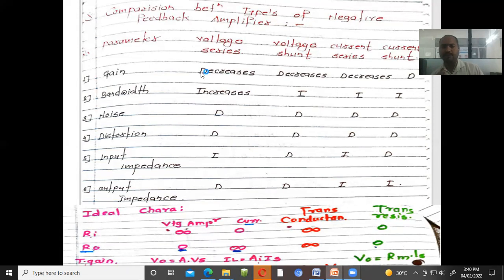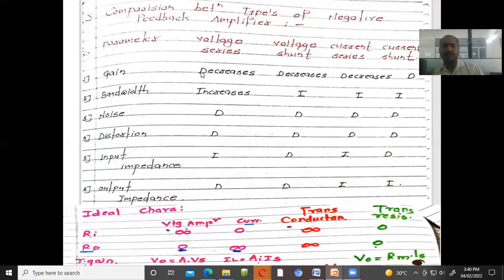If we use voltage series feedback, the bandwidth, if needed, can exceed 20 kilohertz.